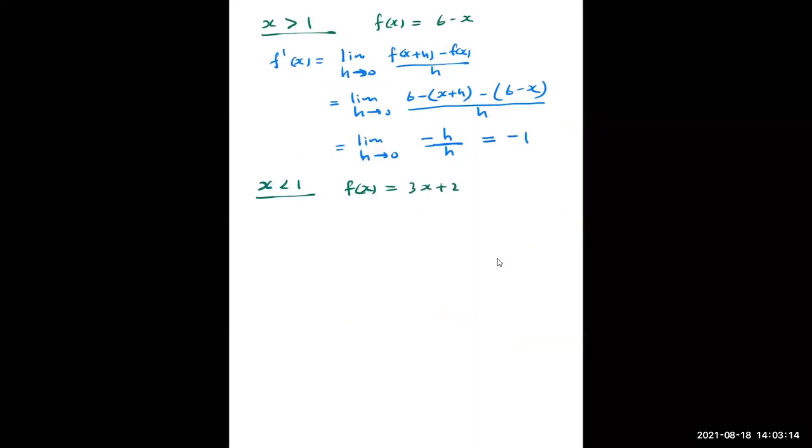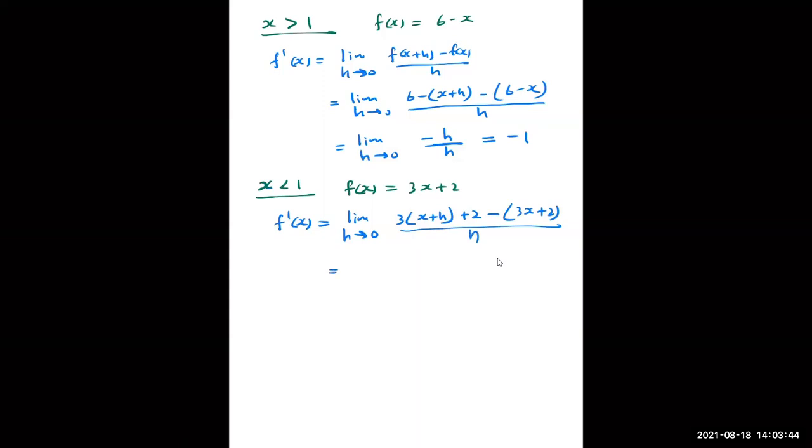Again, I'm going to use the definition. f prime of x is equal to the limit as h approaches 0 of f of x plus h, that is 3 times x plus h plus 2, minus f of x. Minus f of x means 3x plus 2, divided by h.